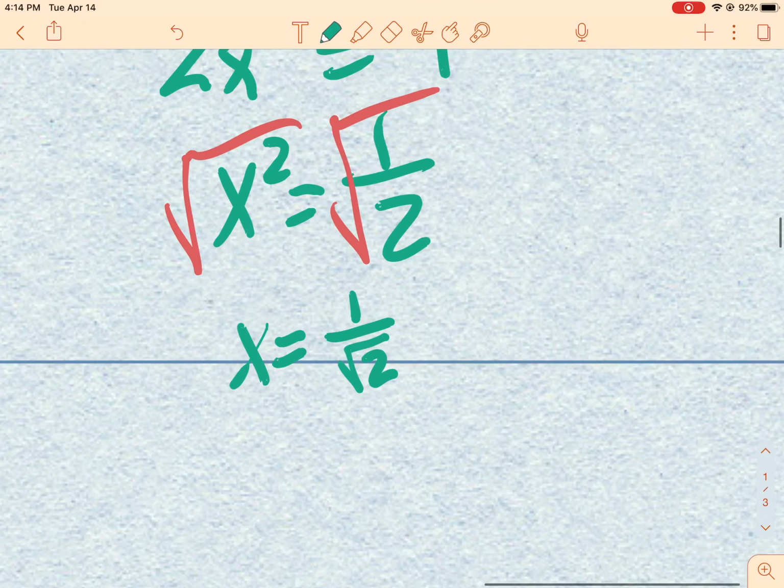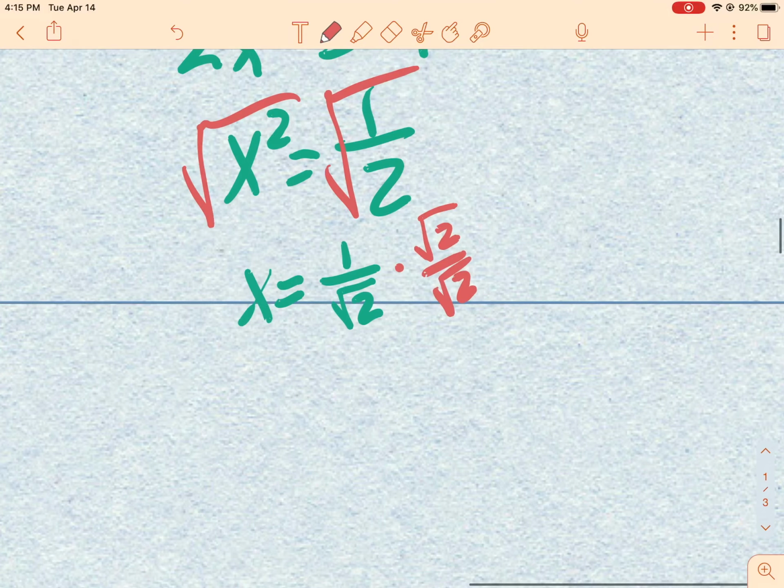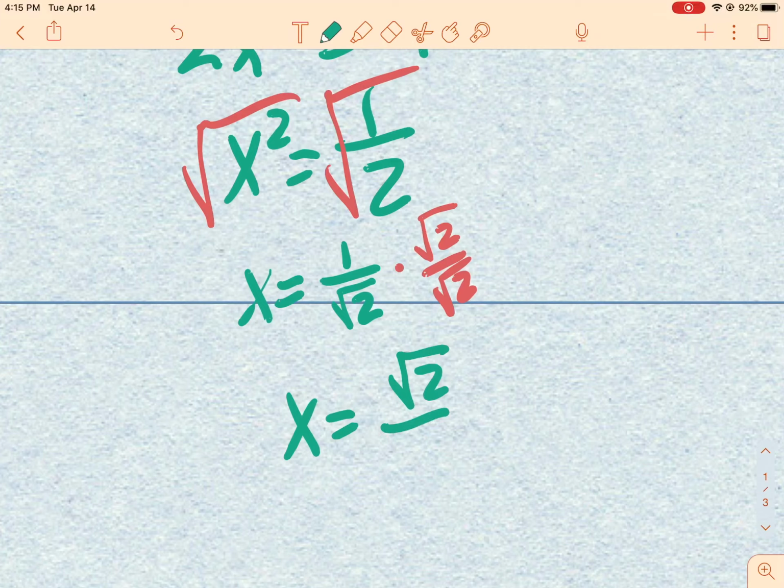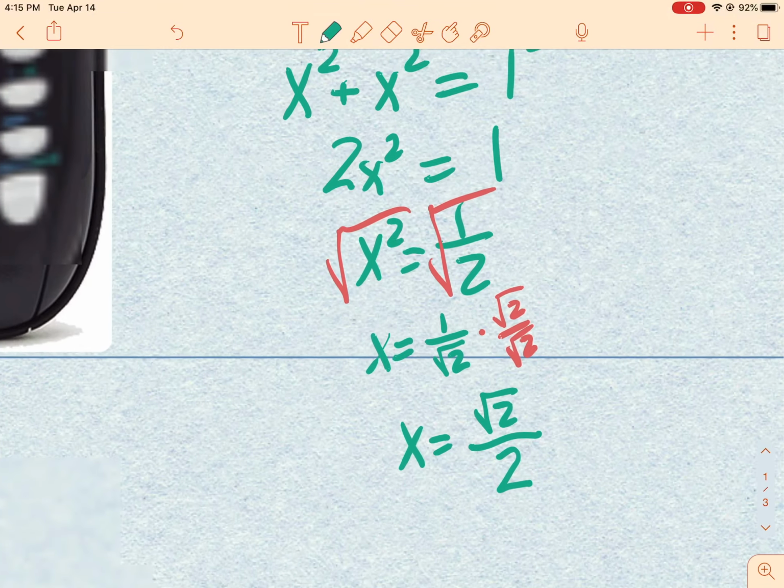We can't keep that in the denominator, so if you think back to when we rationalized, we multiplied by the square root of 2 over the square root of 2. And that then became 1 times the square root of 2, which is just square root of 2. In the denominator, square root of 2 times the square root of 2 is square root of 4, which is 2.